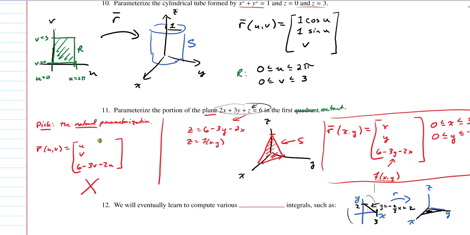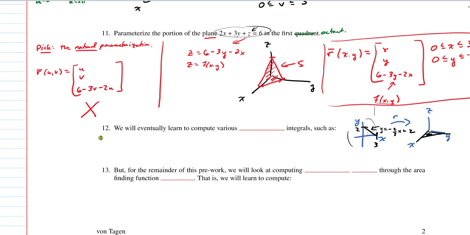Okay, folks, that about wraps us up. The last thing I want to say is, now that we've learned how to do parameterizations, we eventually want to compute various surface integrals, and let me just list a few of these that you're going to see. So we'll want to perform a surface integral.